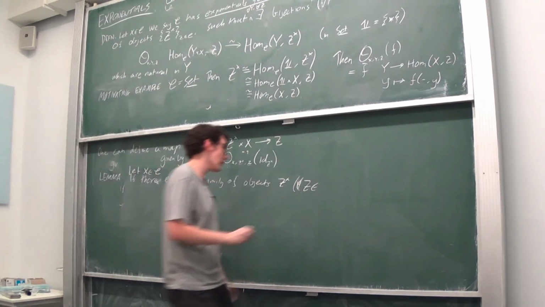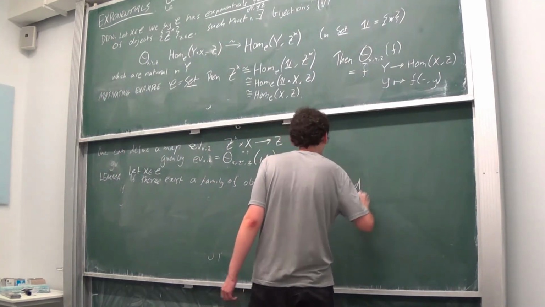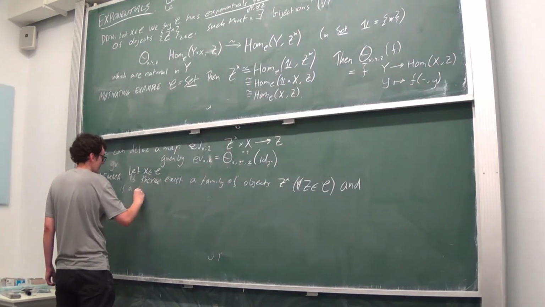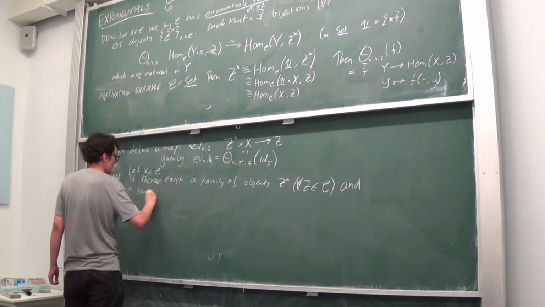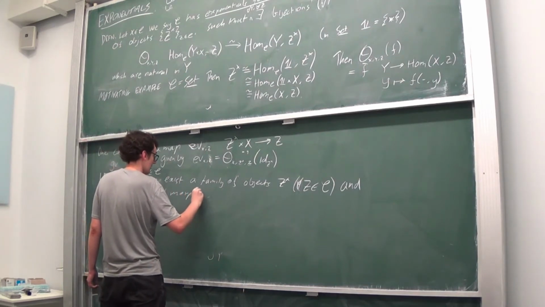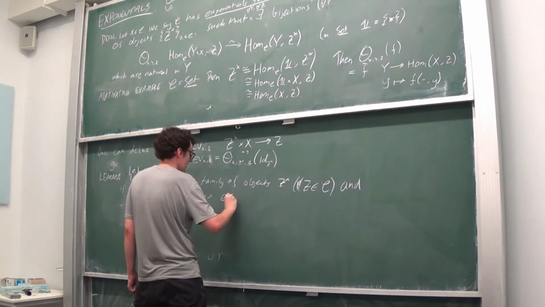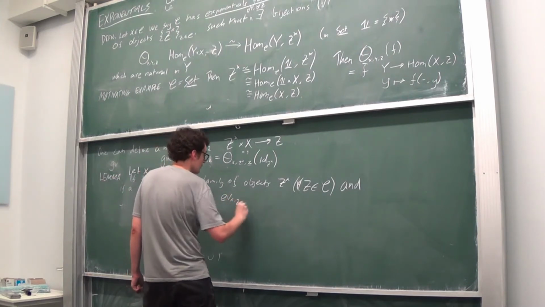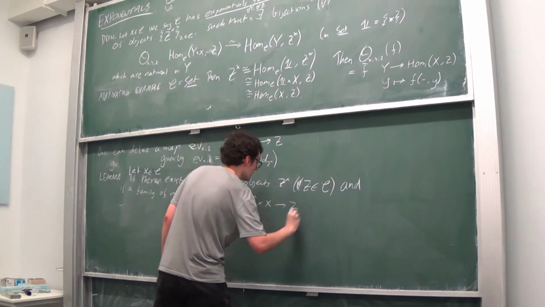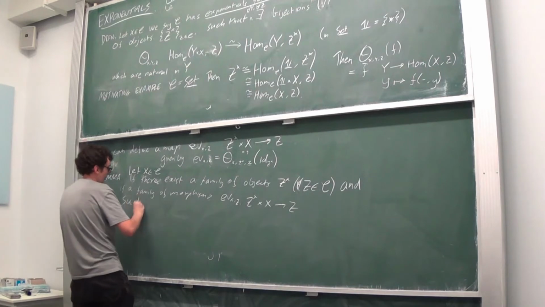If there exists a family of objects z to the x for all z in C, and of morphisms EV x z which go from z to the x cross x to z, such that the following property is satisfied.